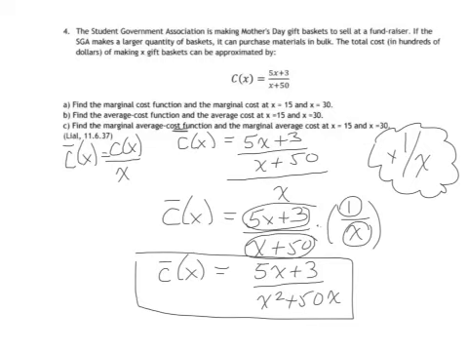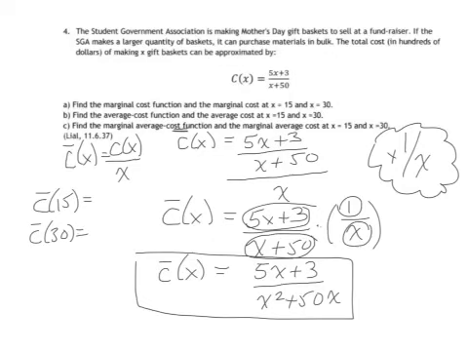So the next step to completing part B would be evaluating at x equals 15 and x equals 30. So we're going to find the average cost at those levels. So we've got C average at 15 and C average at 30.